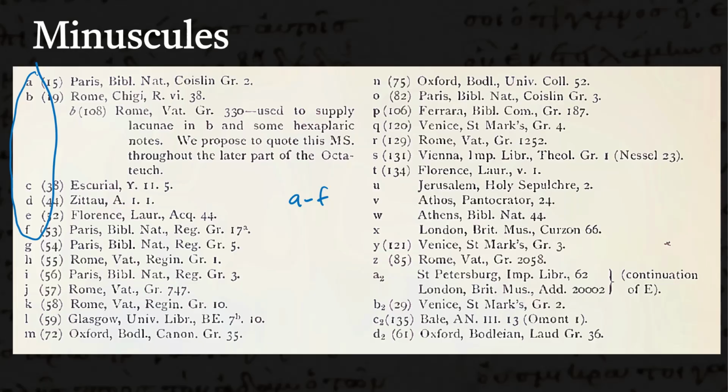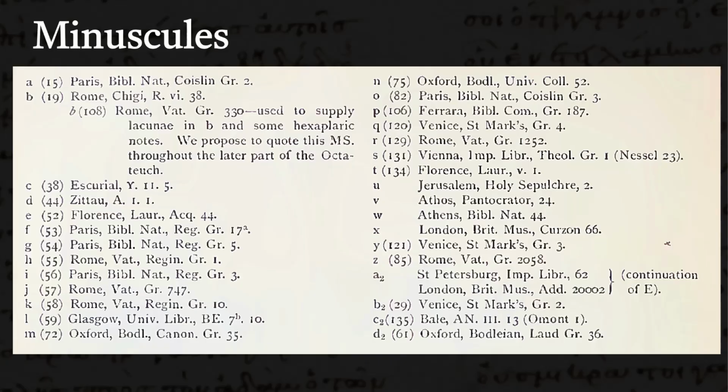But also, if you go back to the Göttingen edition, the lowercase letters mean largely different things. They typically refer to families of manuscripts as opposed to individual manuscripts. So you have to be aware that they're not using labels the same way across the board. But that's just one of the hazards we deal with when we move across different critical editions. Especially these larger ones. So just be aware of that.